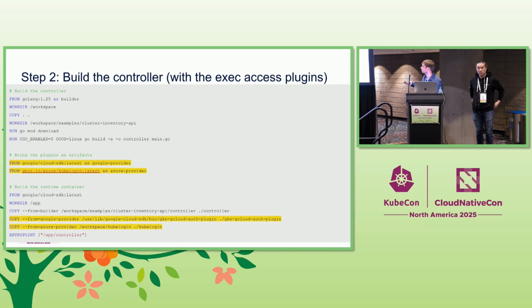If you have your Google image where the plugin is and the Azure one where the plugin is, you can easily get them there. You don't have to recompile them, or modify your images to make it too complicated, or use apt or a package installer. That's a nice way to get them. An alternative is to mount them as volumes, but binaries as volumes, config map volumes, is always weird. But that's a little interesting way.